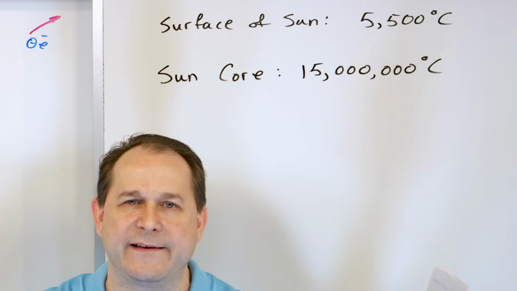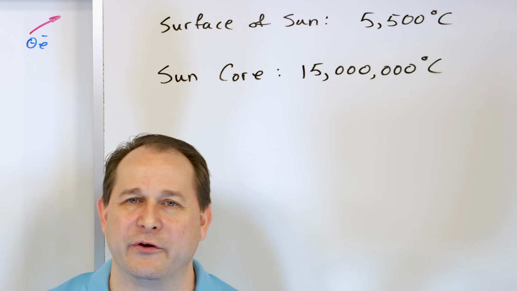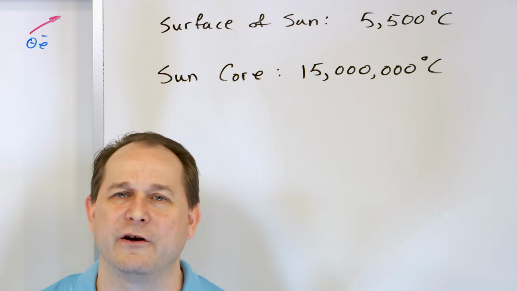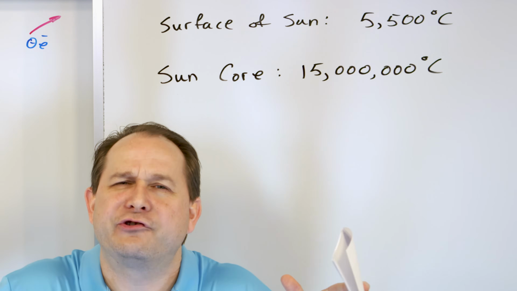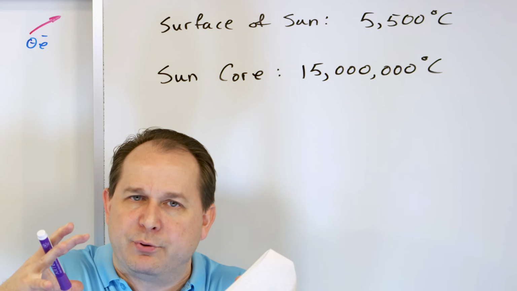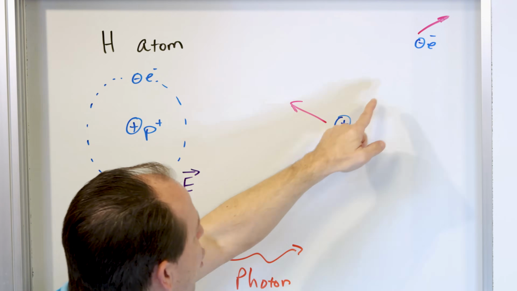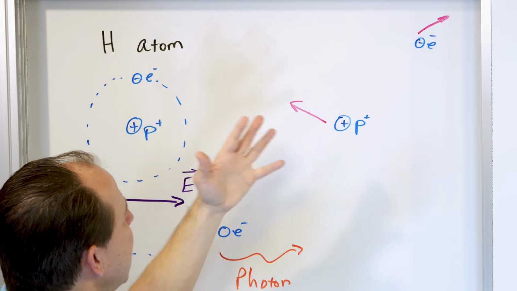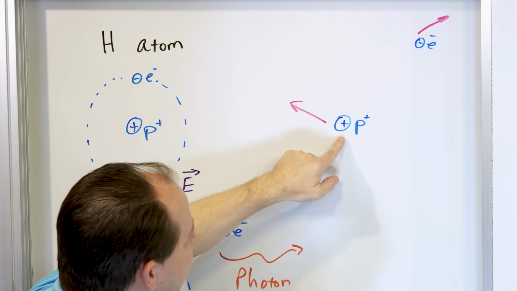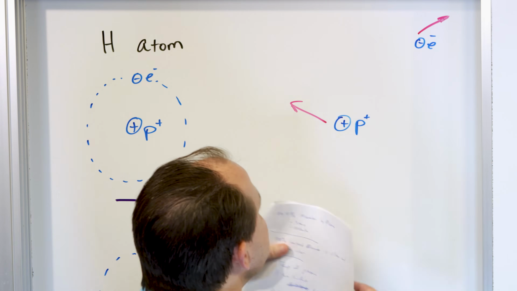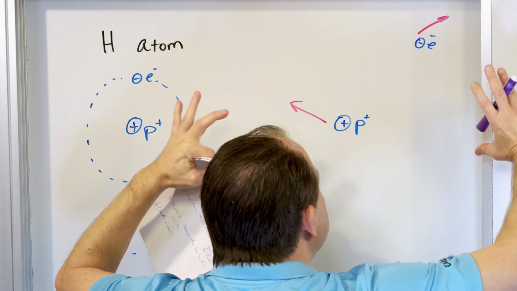The sun is so massive, and it's actually a pretty small star as stars go, but compared to Earth, it's very massive. It has such gravity that the gravity is just pushing in on everything there. And the plasma that is in the core of the sun is a mixture of all kinds of ions and electrons, but just consider it to be protons and electrons. The pressure is pushing on this stuff.